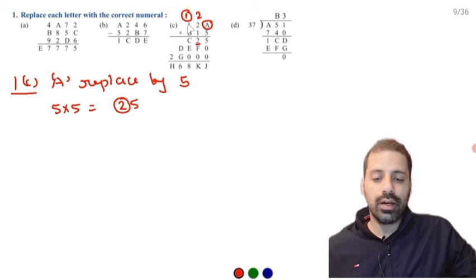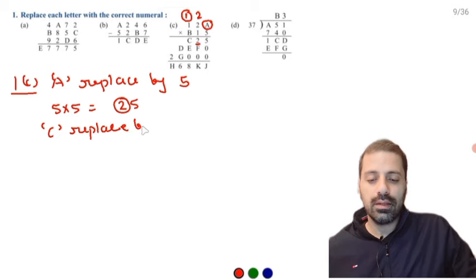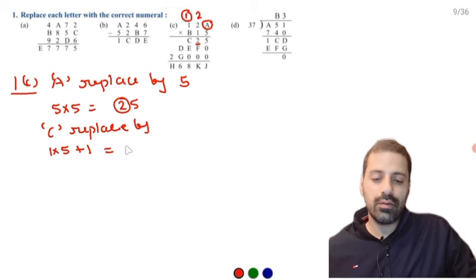Okay, then 5 ones are 5 and 1 is 6. So C replaced by 6 here.